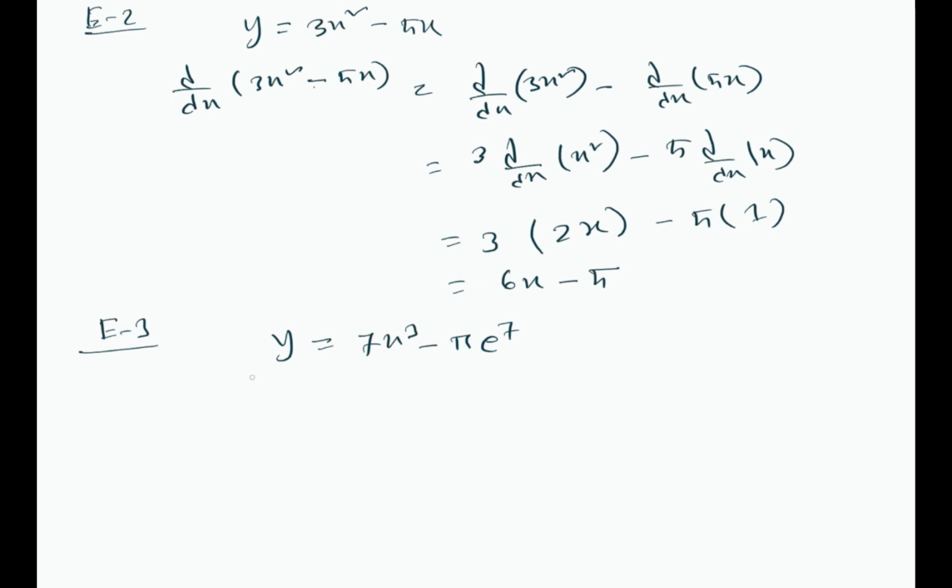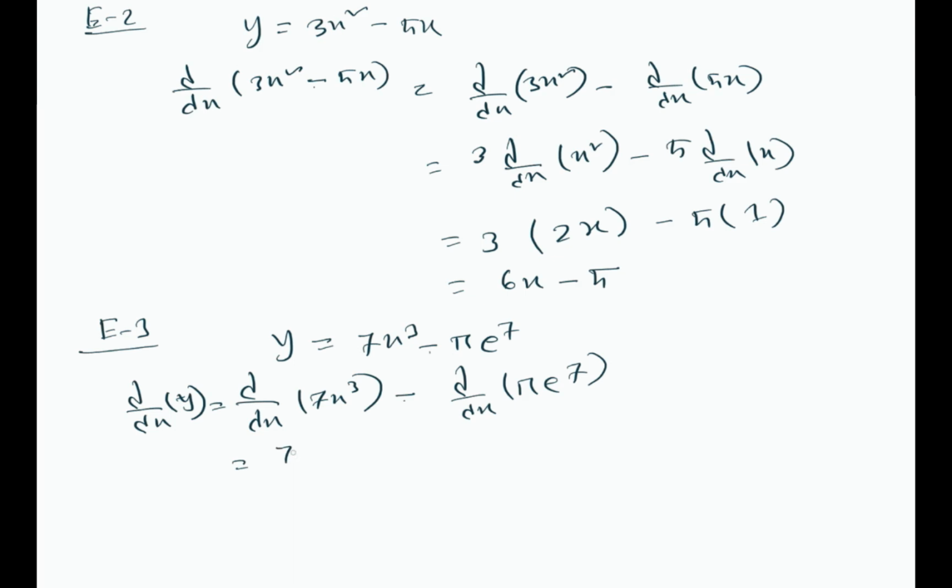So I can write them separately without giving you the initial line: d/dx of 7x to the power 3 minus, we have a negative sign, d/dx of pi e to the power 7.